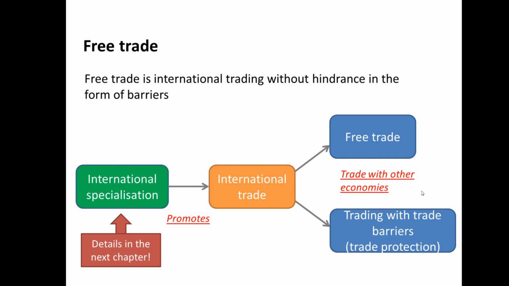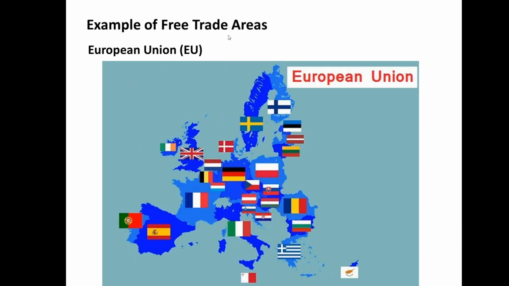Here is some bilateral or multilateral economic integration that you will see in reality. You don't have to memorize all of them, but they are examples of countries that use economic integration to promote international trade.